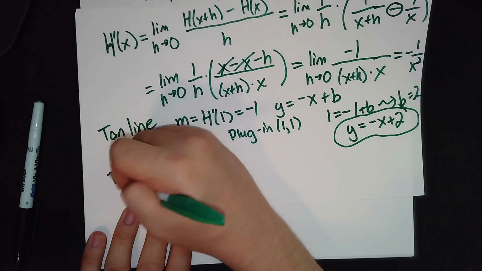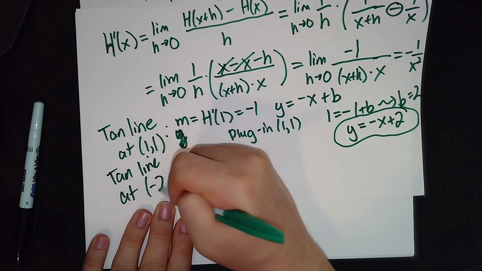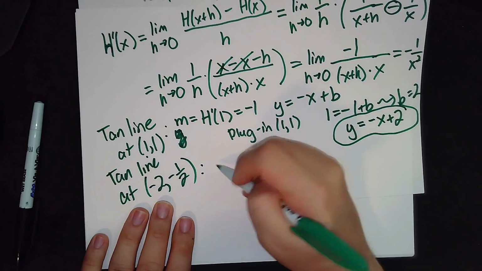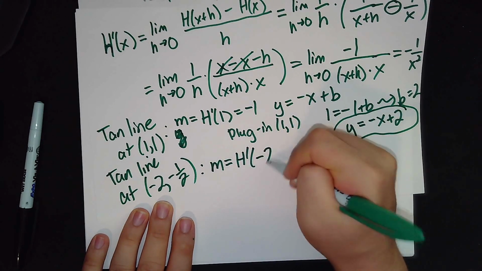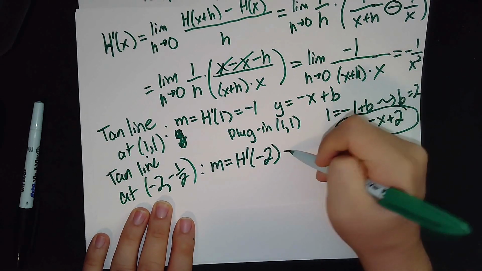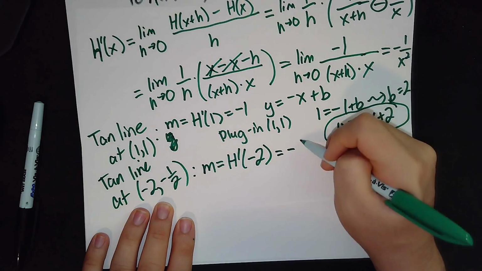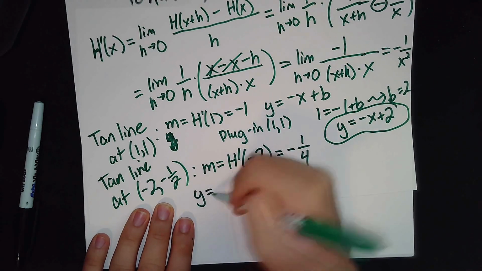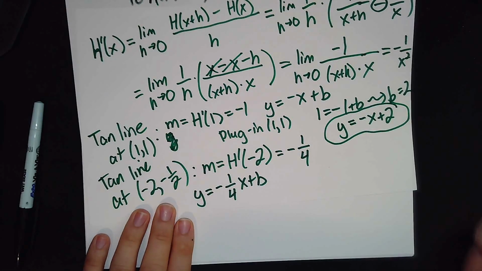And then I do the same thing at (minus 2, minus a half). So here my slope is h prime of minus 2. So if I look over here, that is minus 1/4. So now my equation looks like y equals minus 1/4 x plus b.